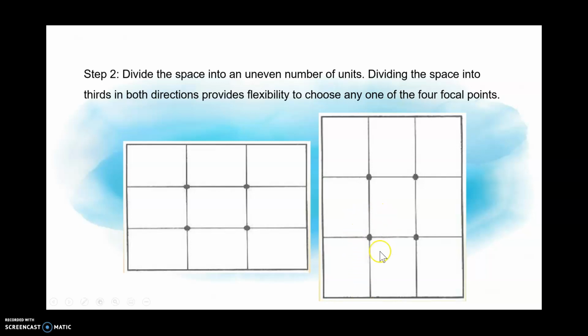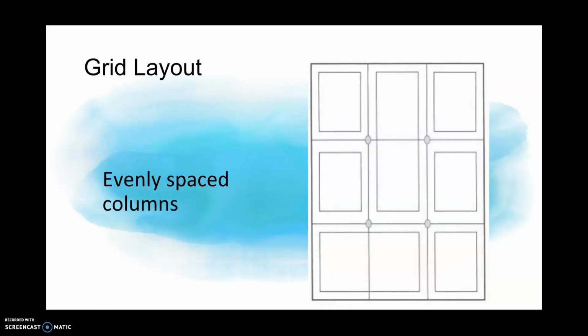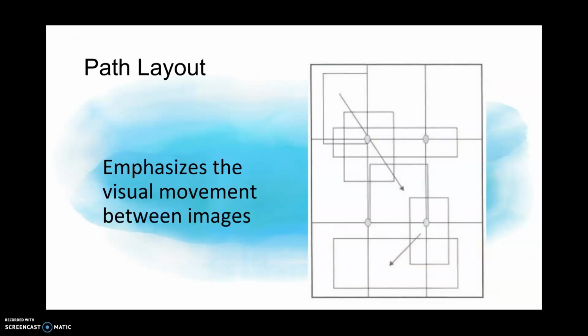So I put my focal point on this cross point down here and then branched off in different directions, but never did I place something directly in the center and then build off from there. So if I move forward, the name for this type of layout is a path layout. This is the layout that you will be utilizing for this assignment.